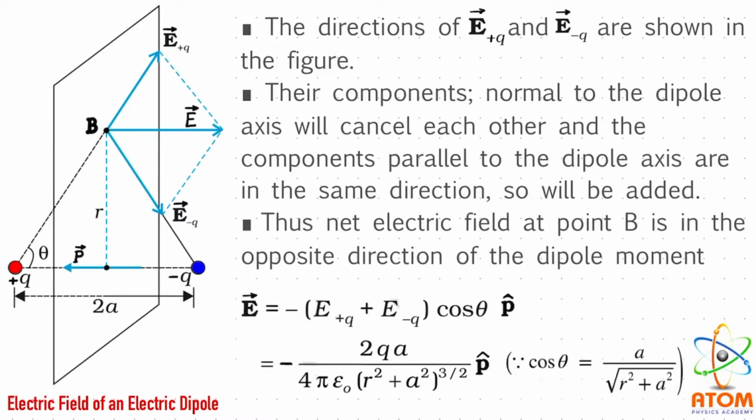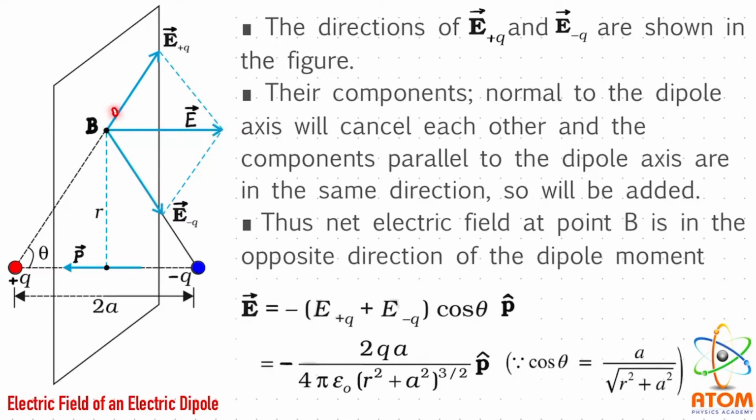Now these components of the electric field will be E positive q cos theta and E negative q cos theta, because this angle is theta, so these two angles will also be theta. That's why the component of E positive q in this direction will be E positive q cos theta, and the component of E negative q in this direction will again be E negative q cos theta.